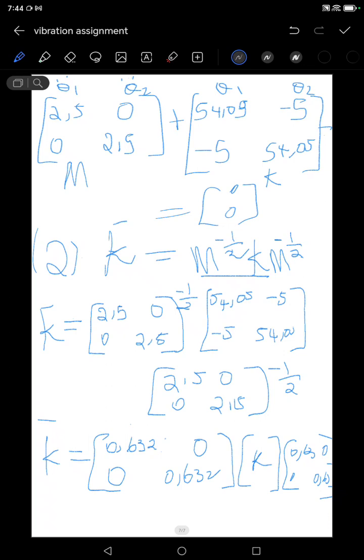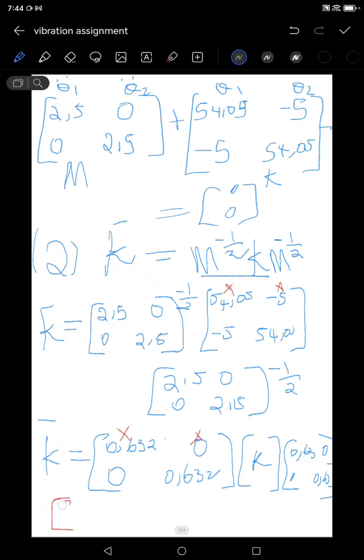Let me just change the color. So this multiplied by this, plus 0 multiplied by negative 5, and after that our first row is going to be here. This 0.632 is going to multiply with the 54.05.